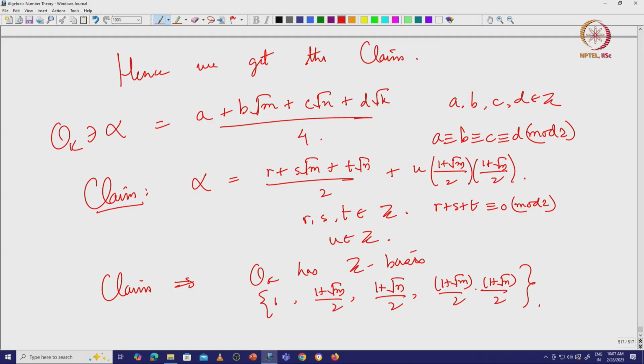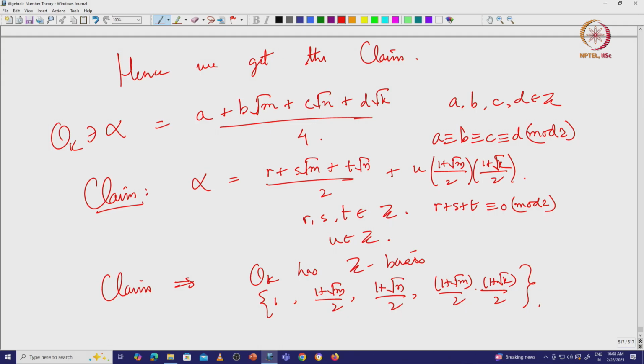It should be clear that all these are algebraic integers, because (1+√m)/2 is an algebraic integer already in Q(√m). Similarly, sorry, there is a typo here, everywhere this should be k and not n, square root of k. So all of these are algebraic integers, so it is clear that this is contained in the ring of integers of K, and I am saying that that is a basis.